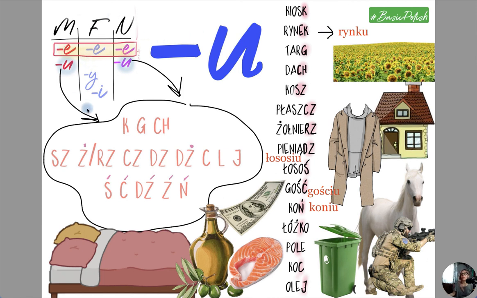So this is a good example. Best friends were krabie, but rok, a year, roku, right? So remember that masculine nouns can have either e or u. Feminine nouns e, and neuter nouns share the same endings with masculine, so o.